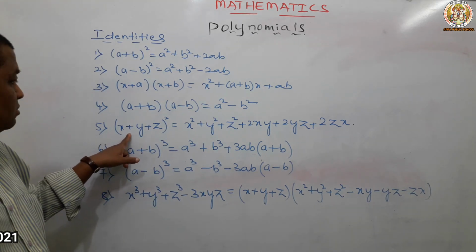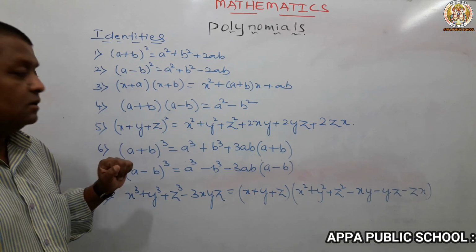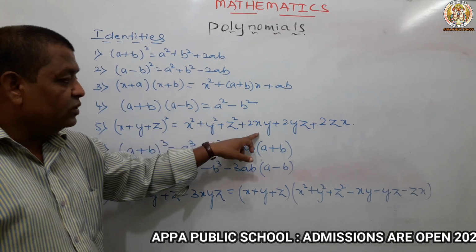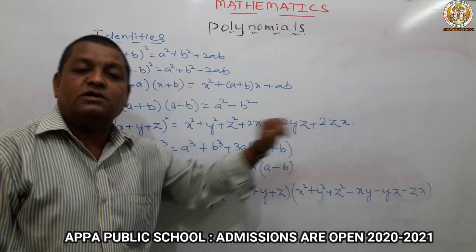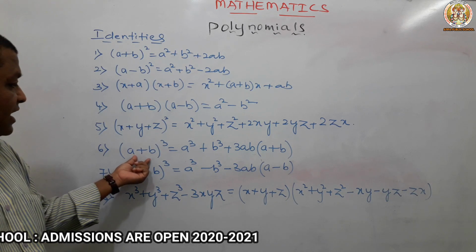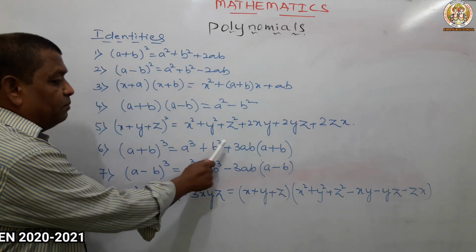One more, x plus y plus z whole square is x square plus y square plus z square plus 2xy plus 2yz plus 2zx.